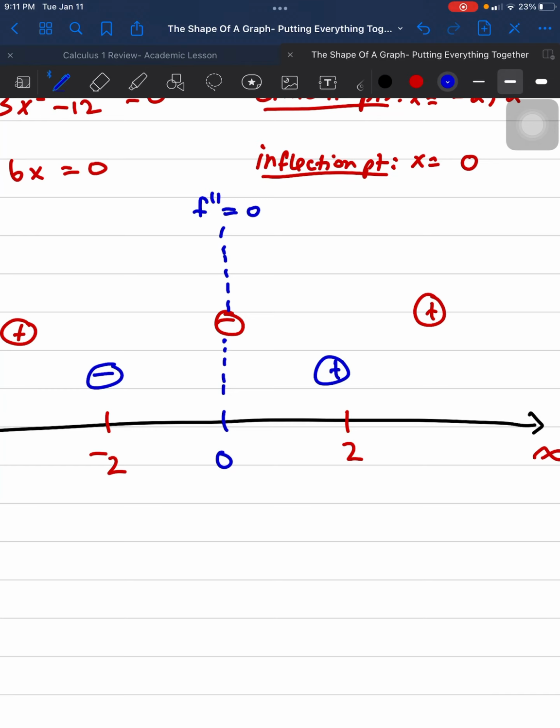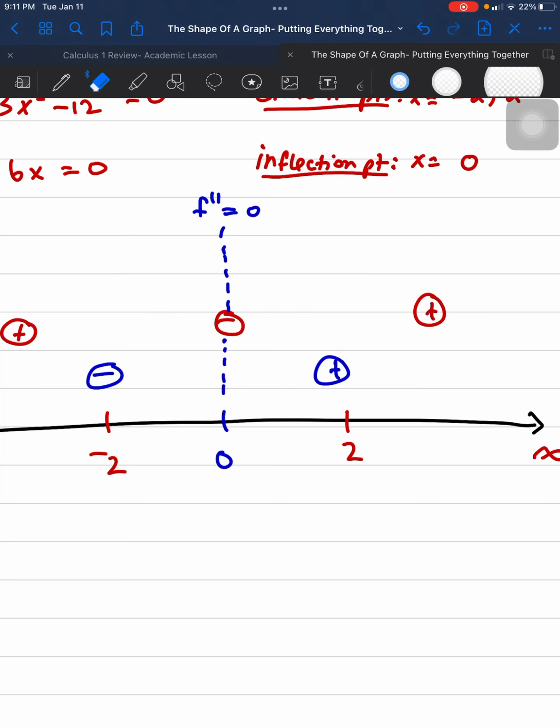So this indicates a change in concavity. Since the concavity changes from concave down to concave up, there's going to be a relative maximum at a certain point, and a relative minimum at a certain point.